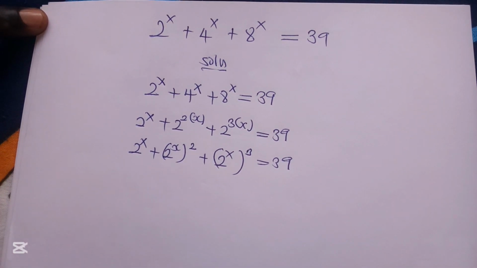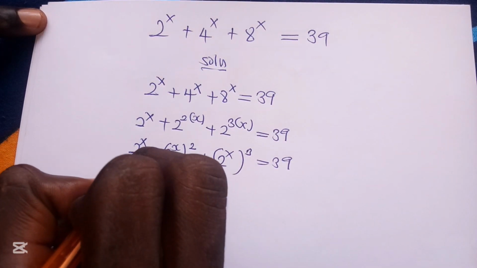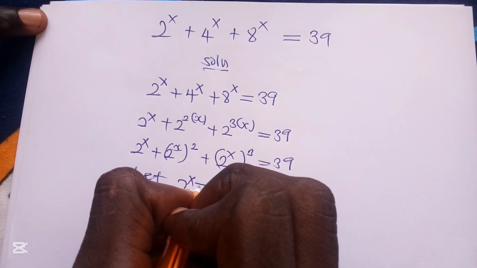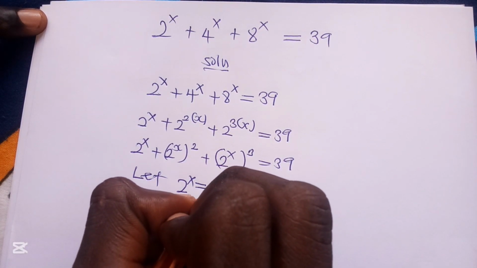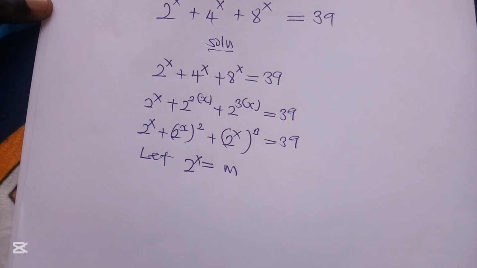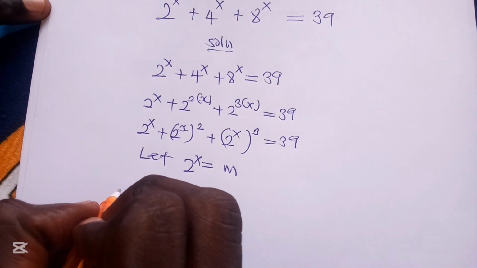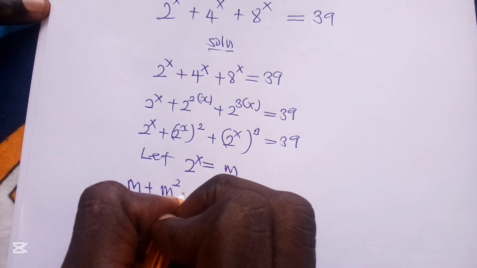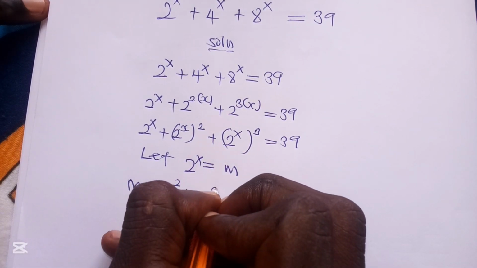From this point, let 2 raised to the power x be m. It means anywhere we see 2 raised to the power x, we write m. So we have m plus m raised to the power 2 plus m raised to the power 3.